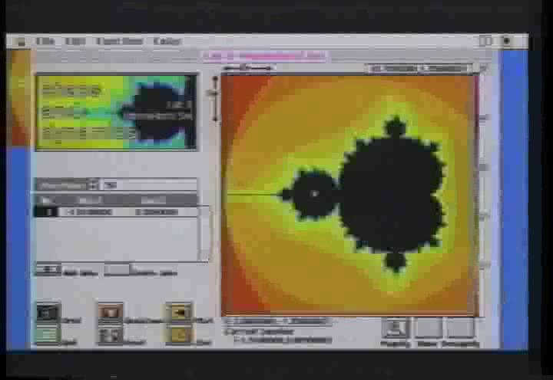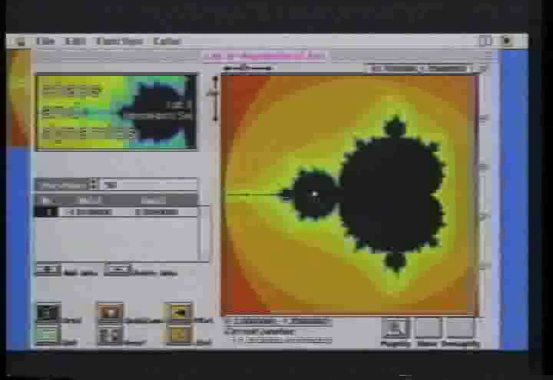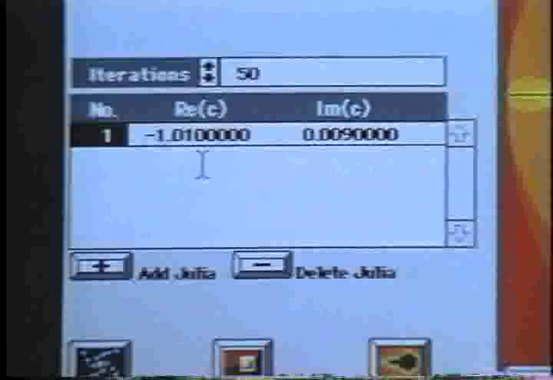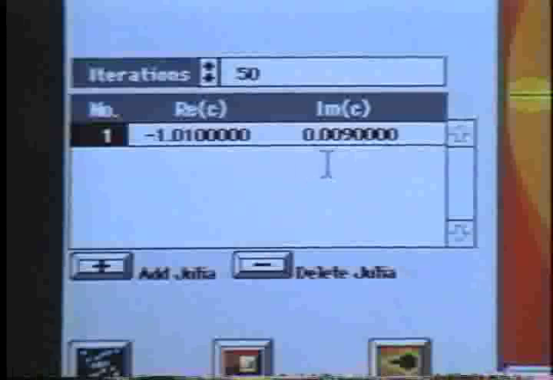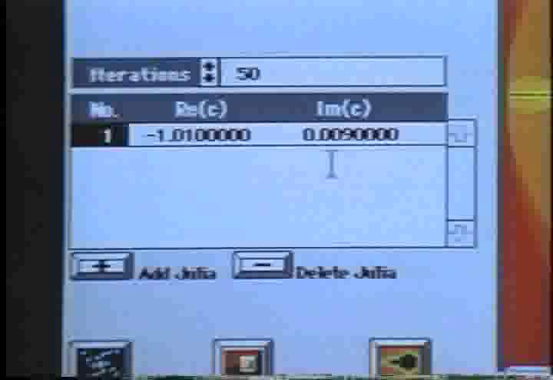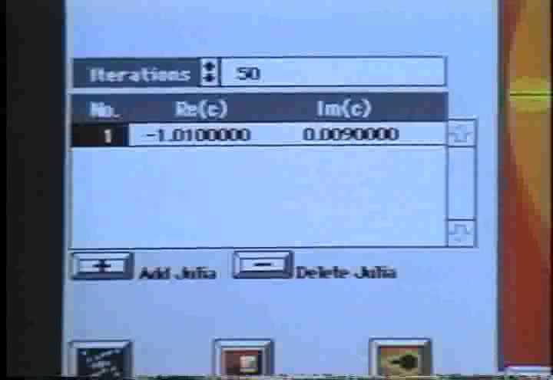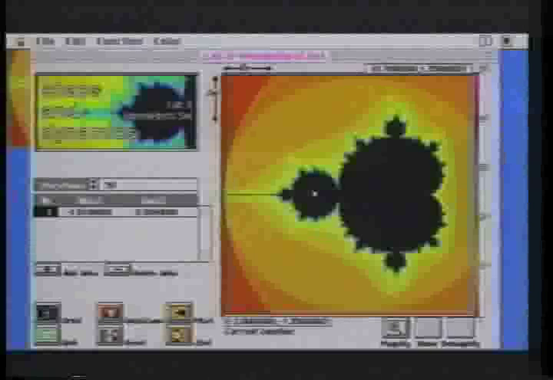For example, if I choose a c value right here, under the cursor, over here you see that I've chosen the c value -1.01 plus 0.009i, so I've chosen a c value near -1. Let me now compute the filled Julia set for this c value.